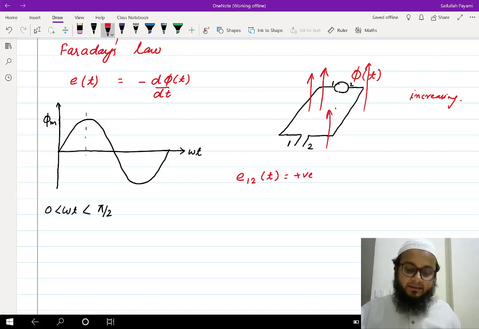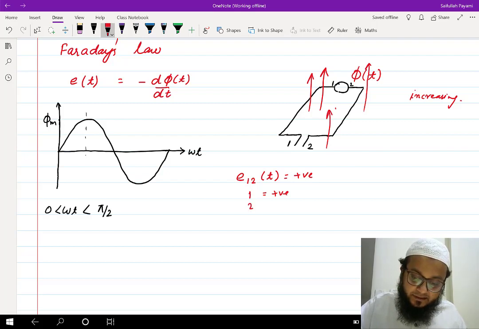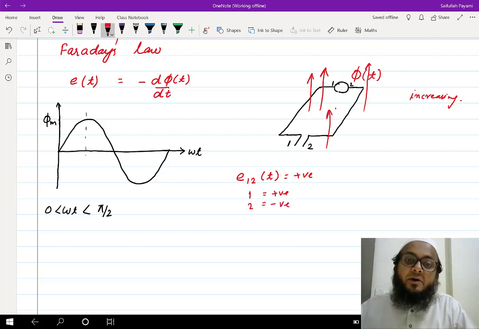My convention is E12 is positive when terminal 1 is positive and terminal 2 is negative. This is my convention.